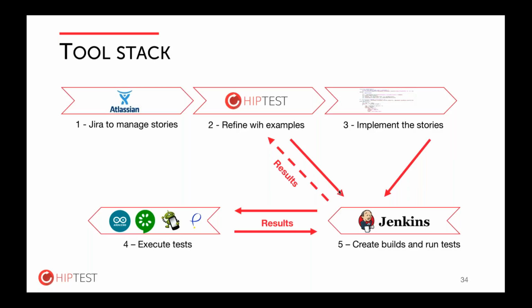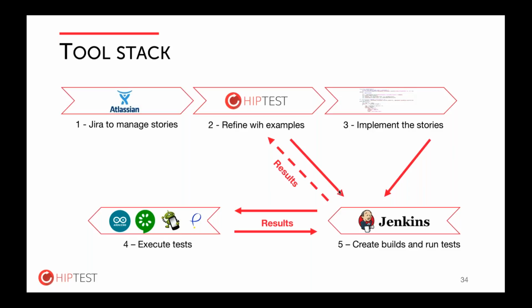So Jira to manage the features and the stories, a tool to refine these stories into examples, Jenkins as a CI. But what's interesting here is the scale of your project, and the fact that when you execute end-to-end tests, not only do you have software, but you also have some hardware. So this is where it makes things a bit tricky.